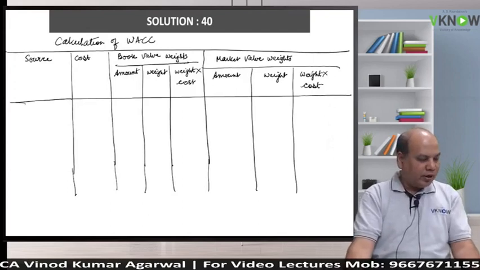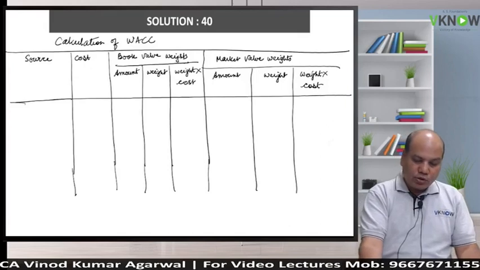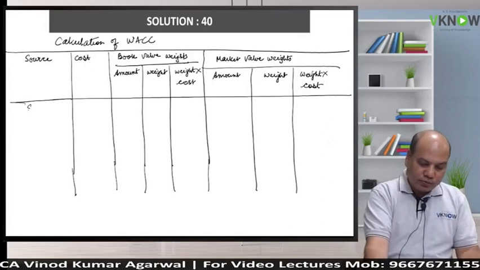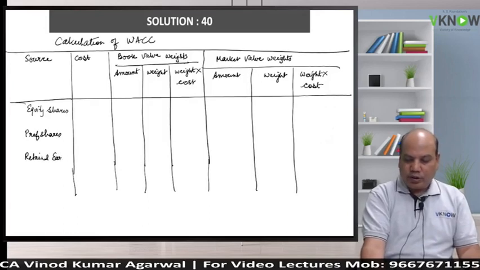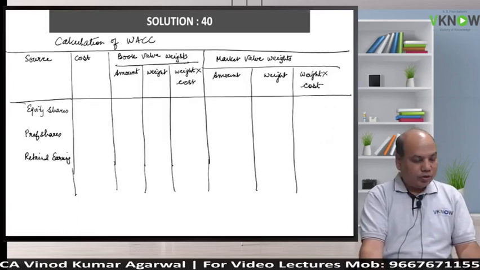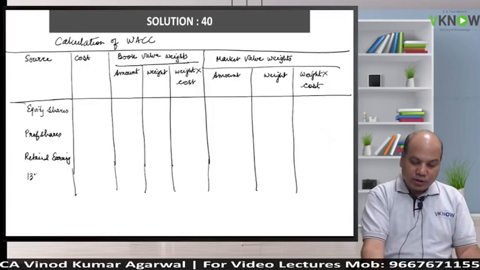Are you ready? So we have total 4 sources. Copy in the same order from the question. Keep question in front of you. Equity shares, preference shares, one line blank, then retained earning, and then 13% debenture.